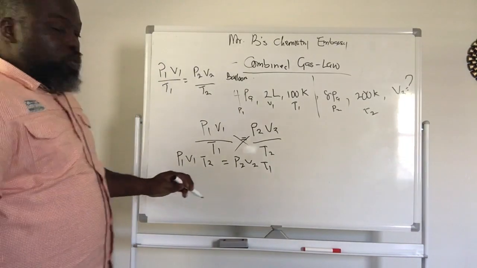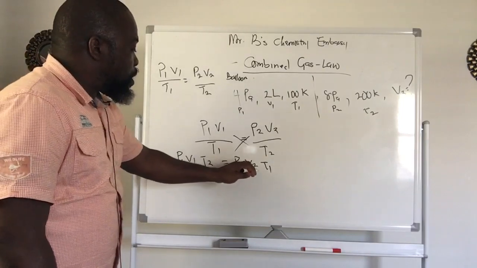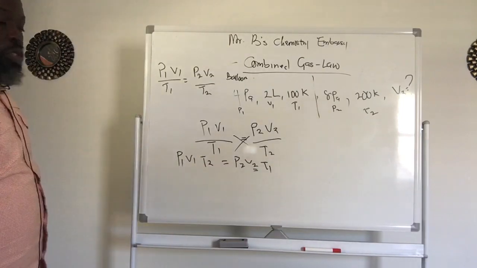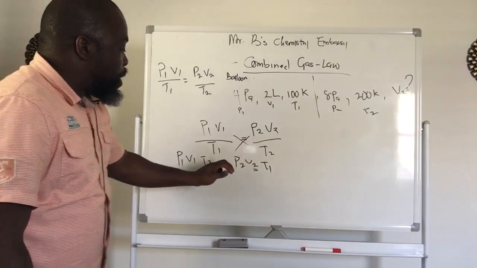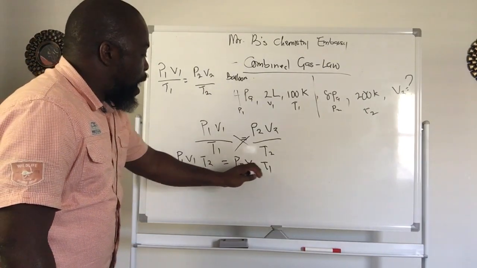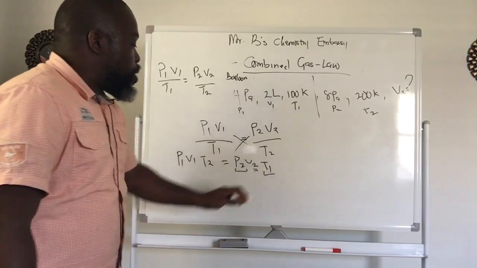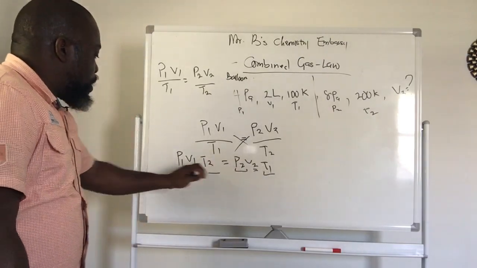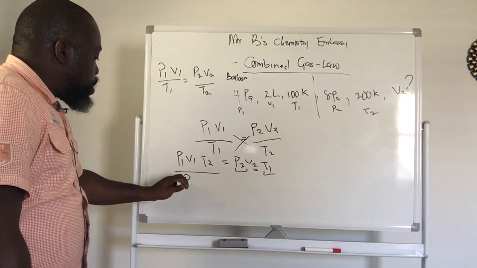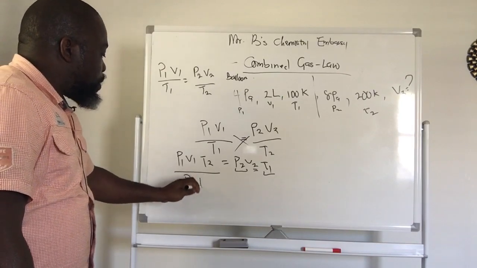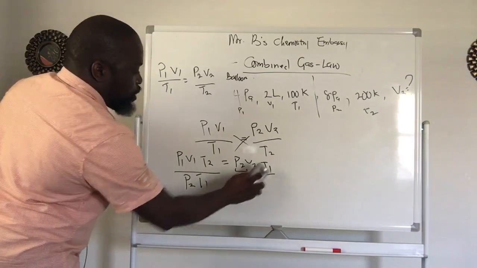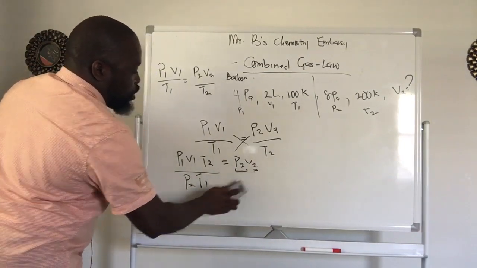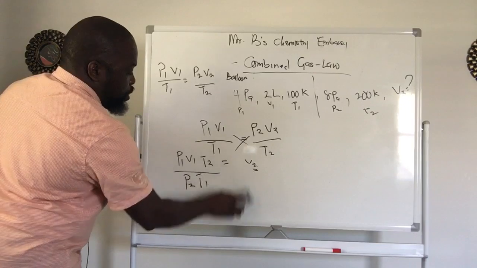So we are asked to find V2. What do we need to do to isolate your V2? You're going to bring your P2 and T1 down to this side. So when you do that, you eliminate your T1 and P2.